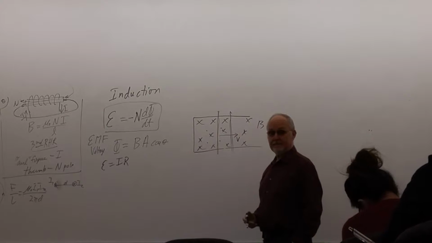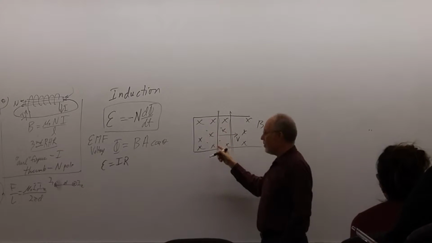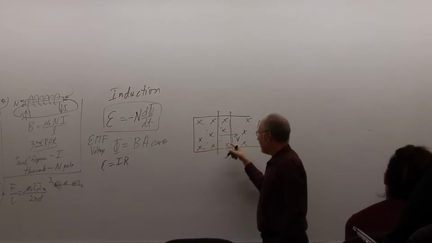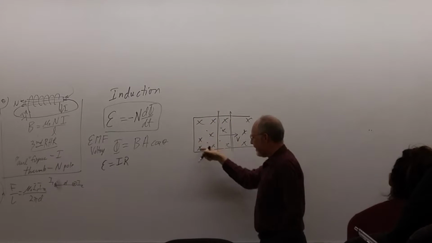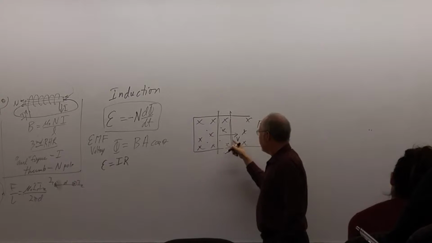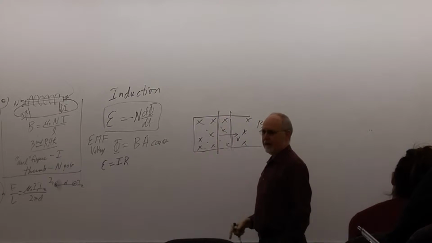Try to limit it. Well, if these field lines are going out of the board due to whatever current, the current has to be going either clockwise this way or counterclockwise that way, from here around like that or around the area that way.